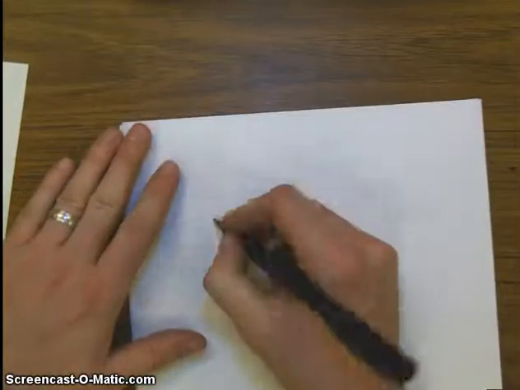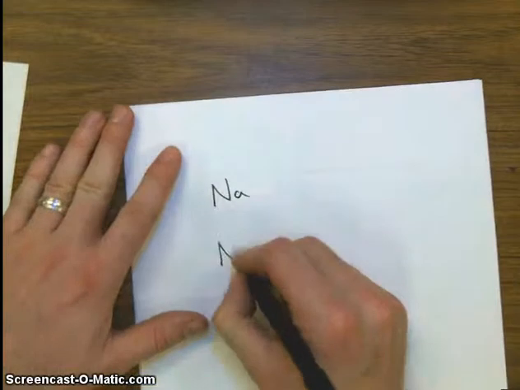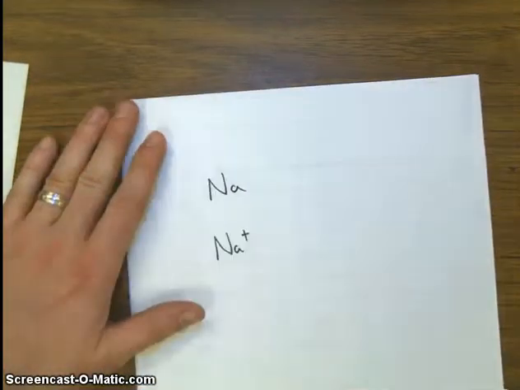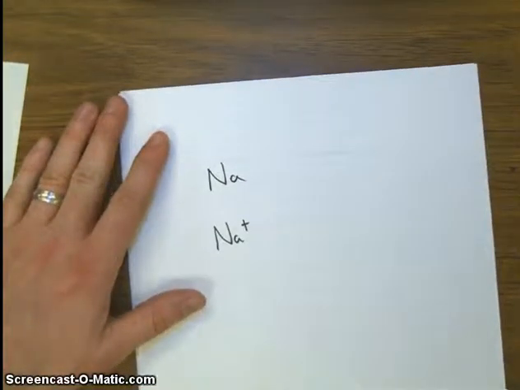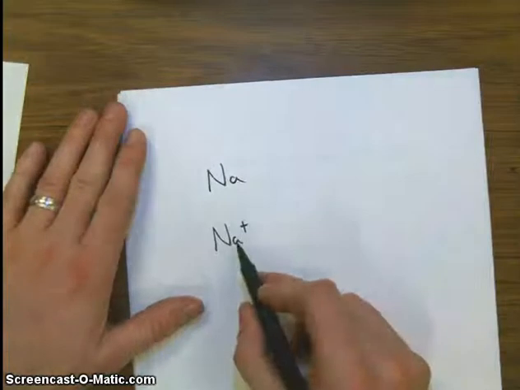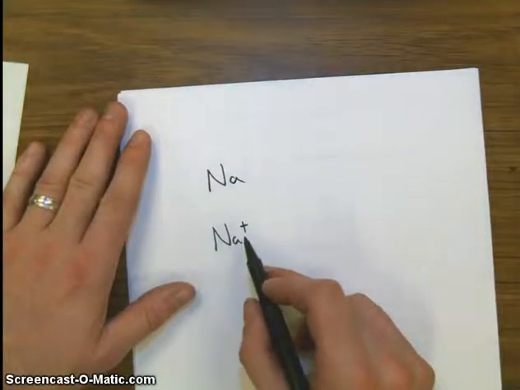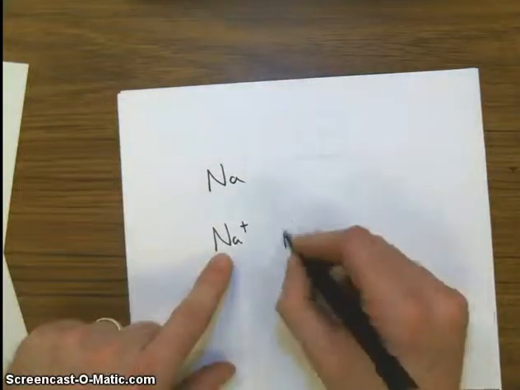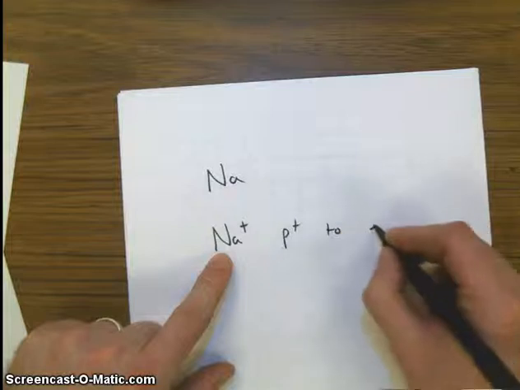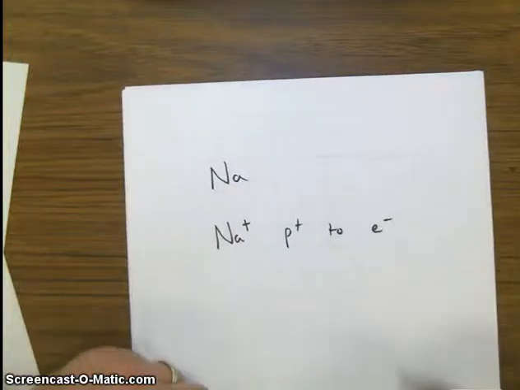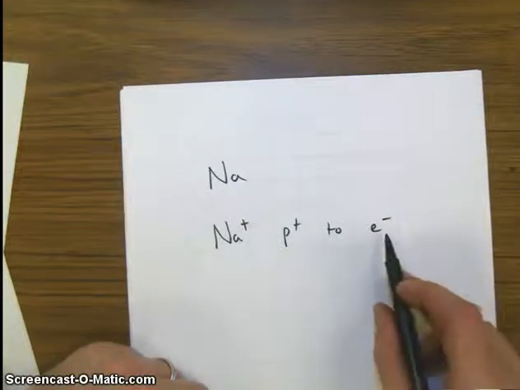Say I have sodium and then I have sodium plus. If I'm comparing these two, then for the ion, the ratio between protons and electrons is going to be a lot more protons in relationship to the electrons.